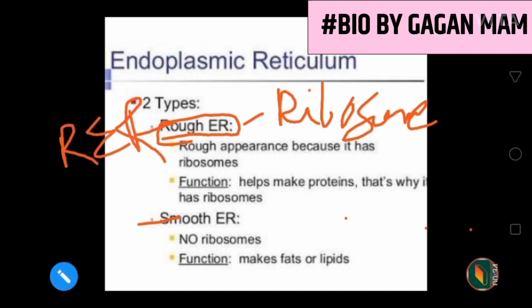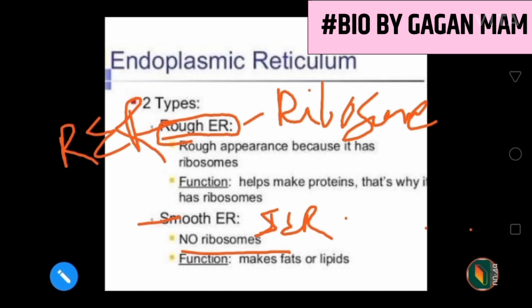Whereas in smooth endoplasmic reticulum, ribosomes are not attached to the surface. That's why the surface seems smooth in appearance, and they are known as smooth endoplasmic reticulum.